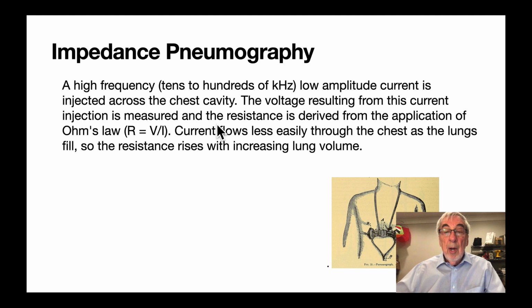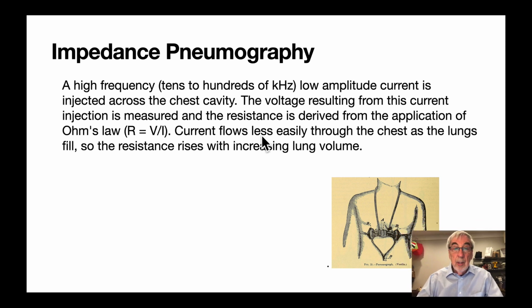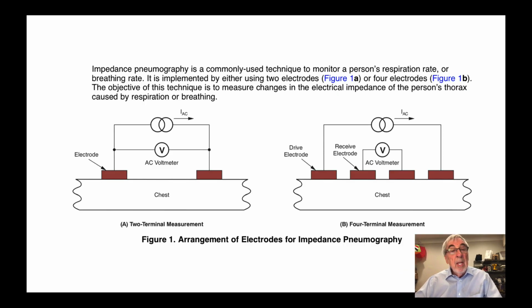Impedance pneumography is the implementation that I'm going to show you today in this little do-it-yourself home respiration, EKG, oxygen saturation measurement device. You essentially measure the resistance of your chest cavity, and from Ohm's law, you can infer the respiration rate.